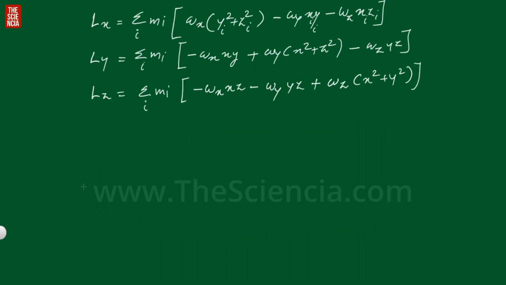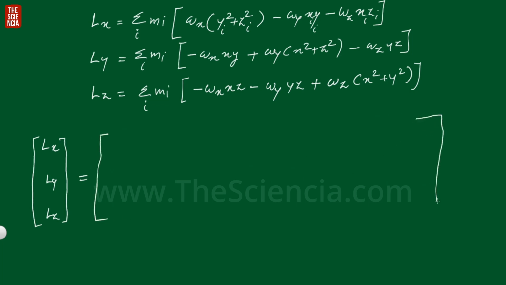Here I am going to rewrite this in matrix form, that is I am taking the first matrix as Lx, Ly, Lz. This is equal to some matrix into another matrix, that is omega x, omega y, omega z.